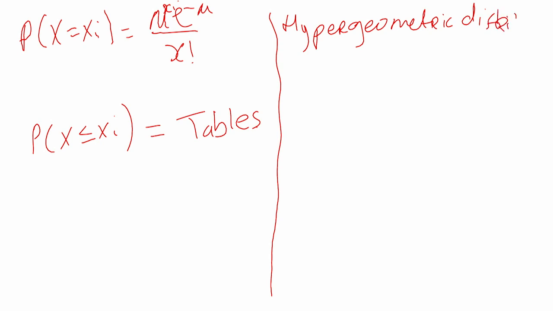Okay, hypergeometric distribution. How do you see this one? Right? How do you see hypergeometric distribution?